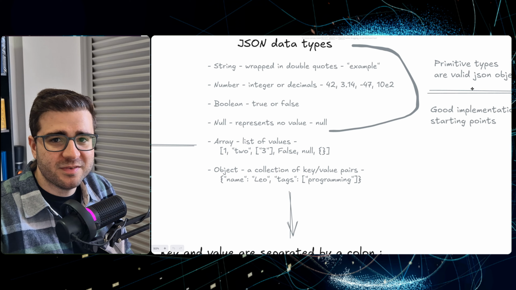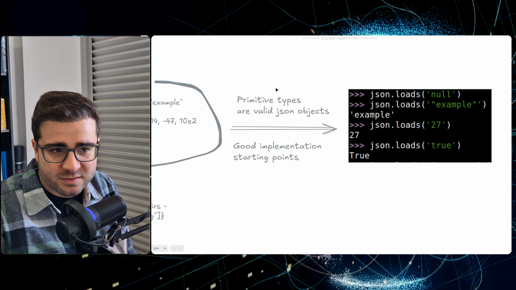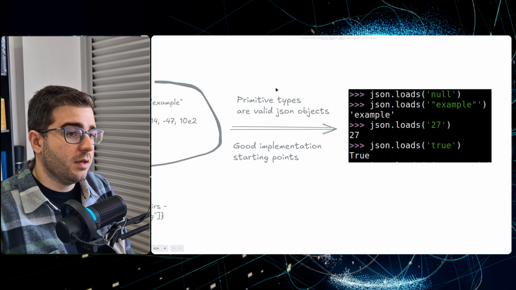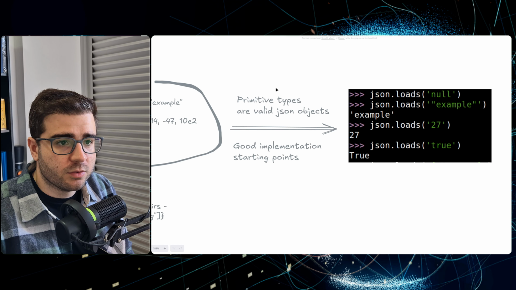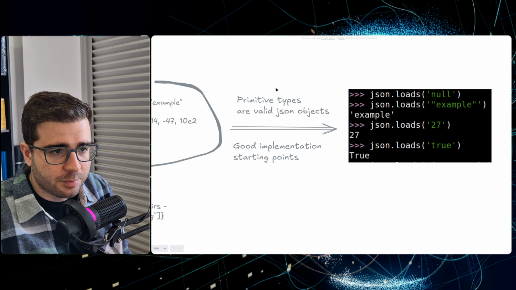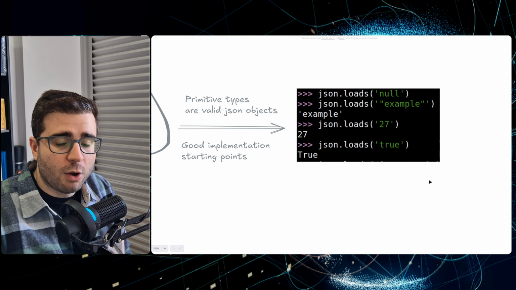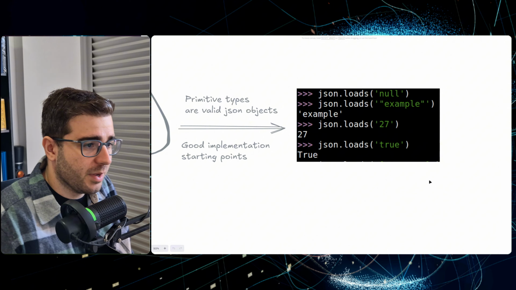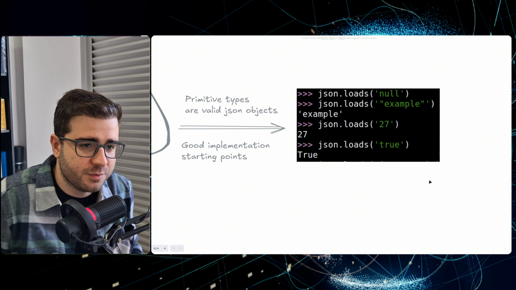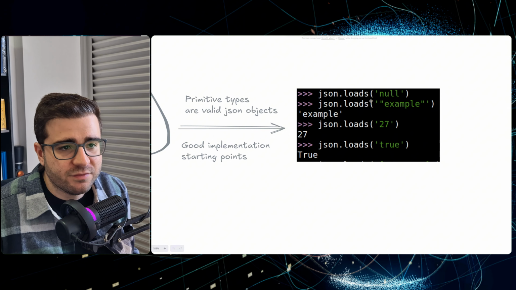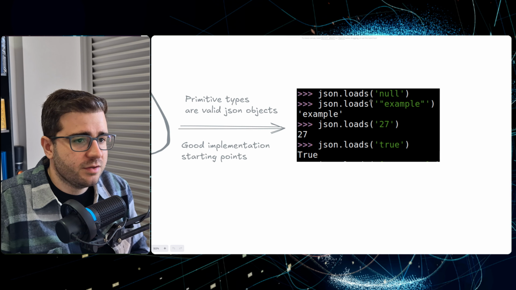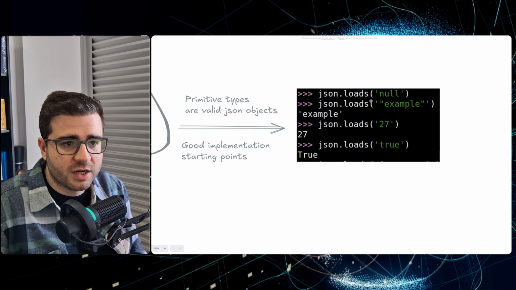The primitive types are the easiest ones to implement, and I didn't know that as well, that things like the examples right here in that part of the screen are also valid JSON, because remember, these are JavaScript object notations, and in JavaScript strings and booleans are also objects.